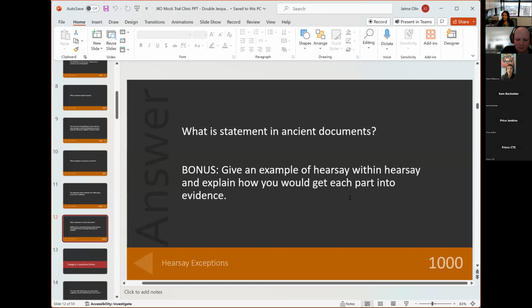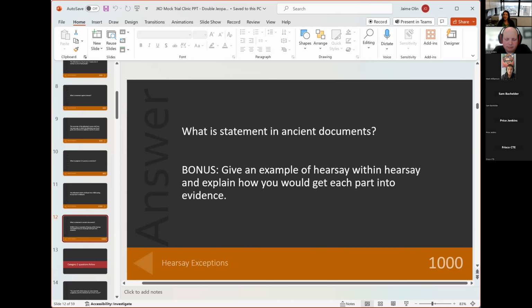So you could get the records themselves in under the business records predicate, and if Brian is like CEO, CFO, one of those jobs, you could say it was a statement against party interest. Okay, yeah, that's really good.